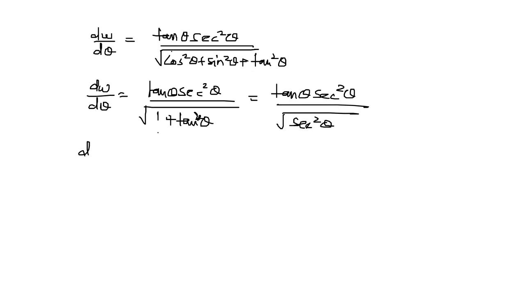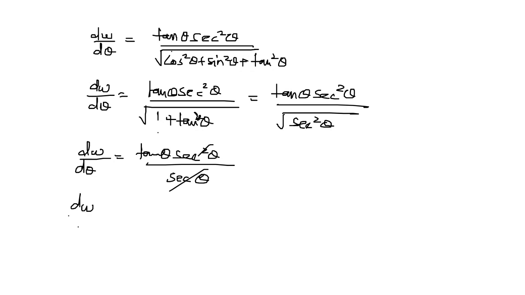Okay, and what is the square root of this one? Secant of theta. So tangent of theta secant square theta divided by secant of theta. This cancels with this one, so dw by d theta is equal to tangent of theta into secant of theta.